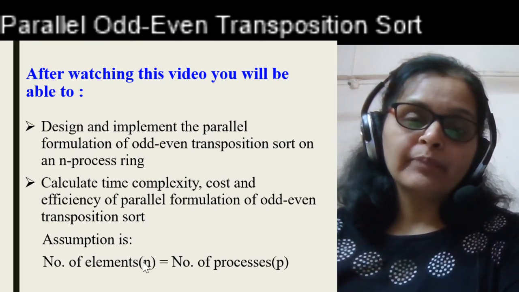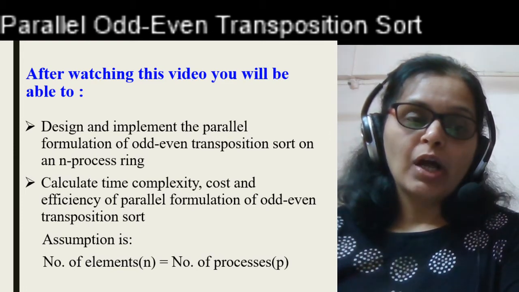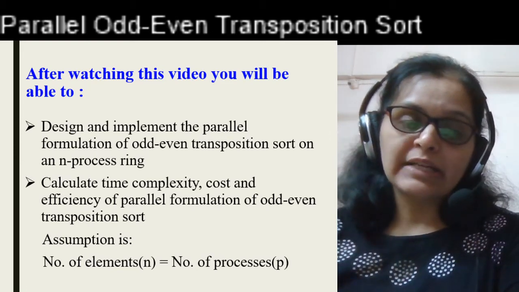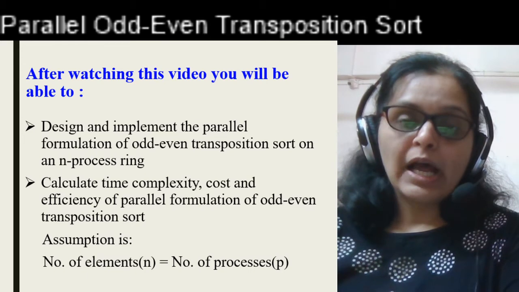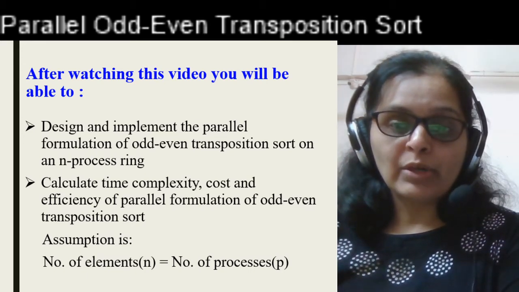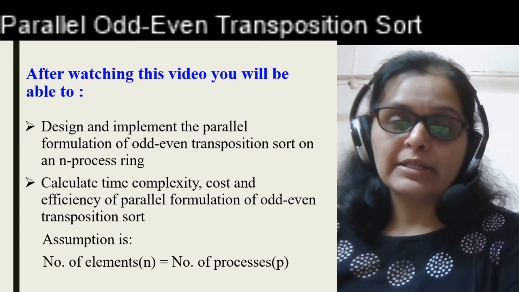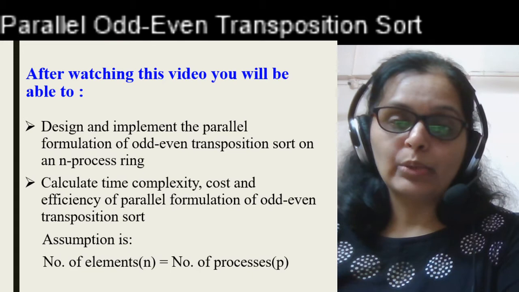The assumption behind this algorithm is that the number of elements is equal to the number of processes. I am calling the number of elements n and the number of processes p. So here I am assuming p is equal to n.